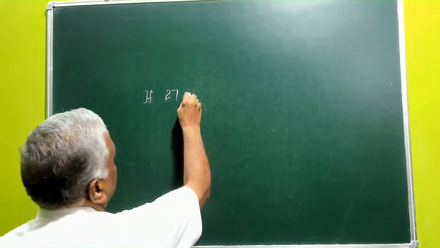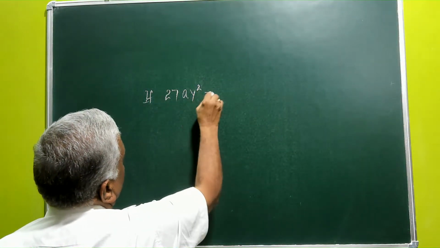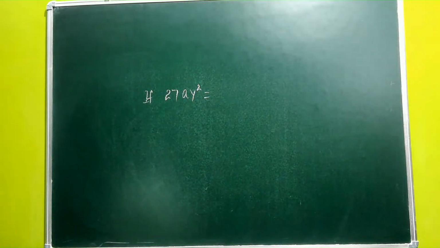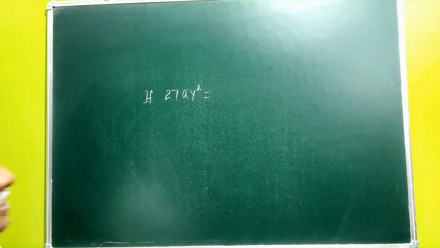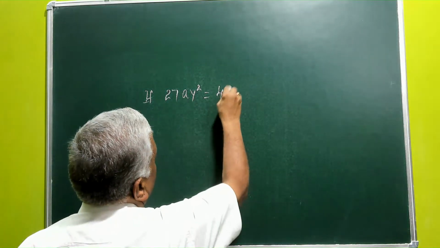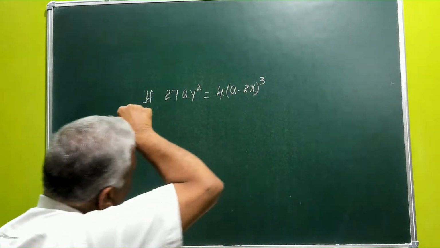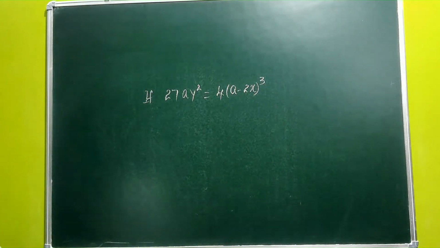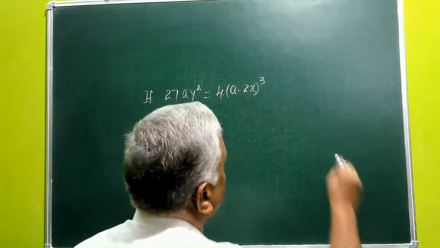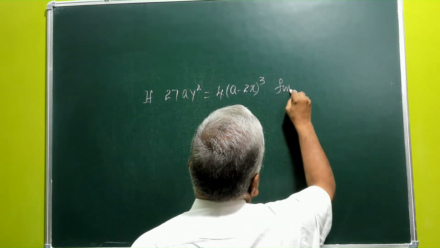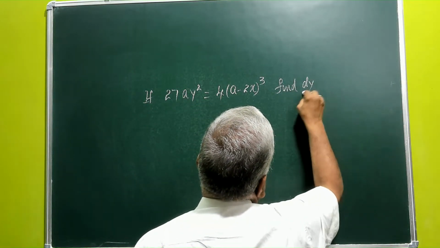The next one: 27 a y squared equals 4 into (a minus 2x) whole cube. This is only to test your ability in simplification. Find dy by dx.